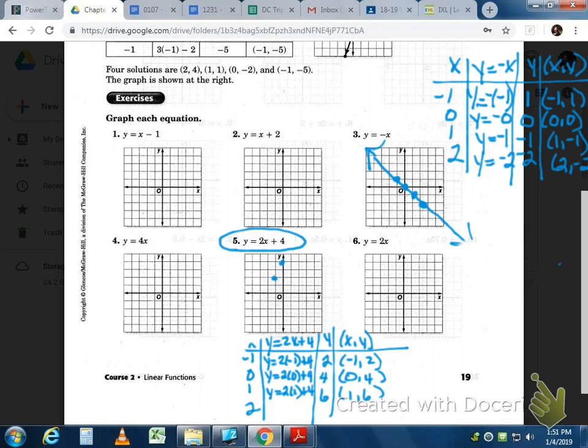Hold on. Let's make it bigger. Why do they do that to you? I don't know. So I'm going to go back here. And it is 1, 6. Okay, let me get rid of that.